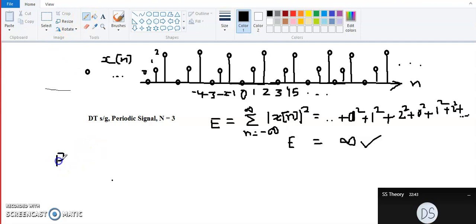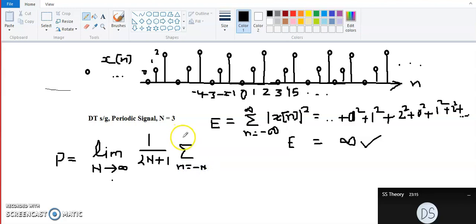What about the power? Power we defined in the earlier class as the limit N tending to infinity of 1 upon 2N plus 1, summation n changing from minus N to plus N, of the mod of x[n] whole square.